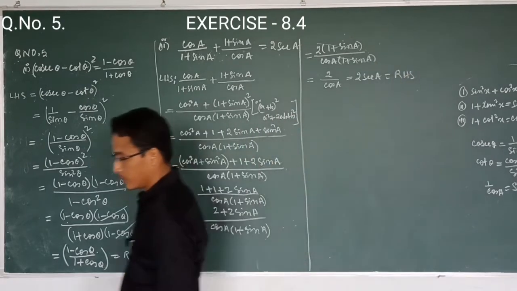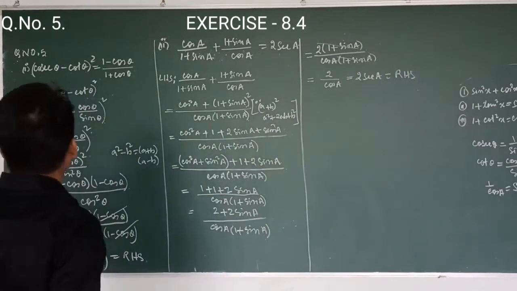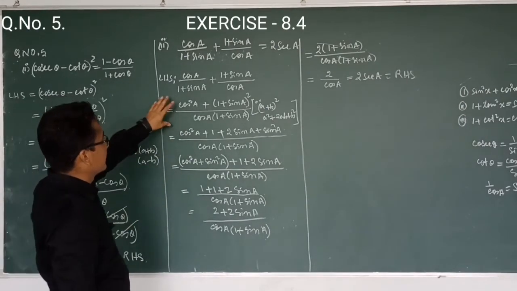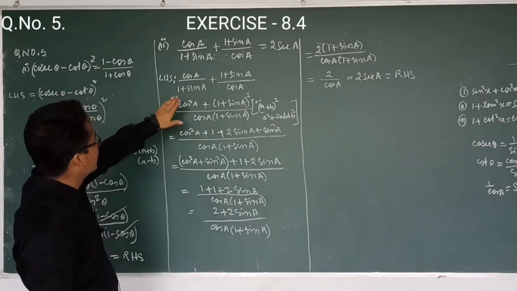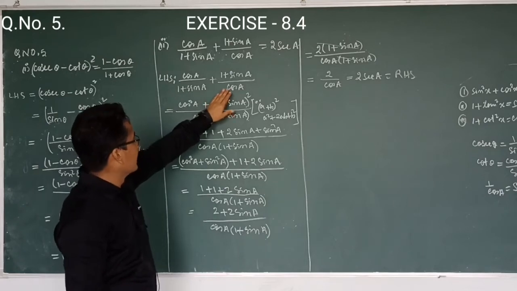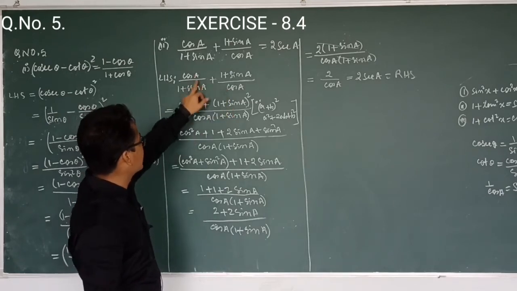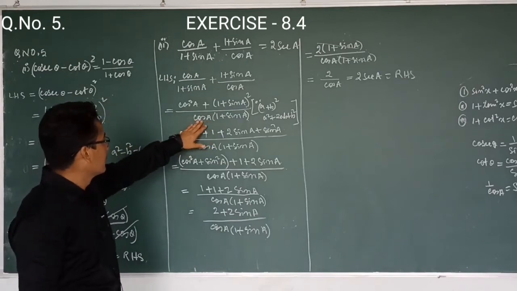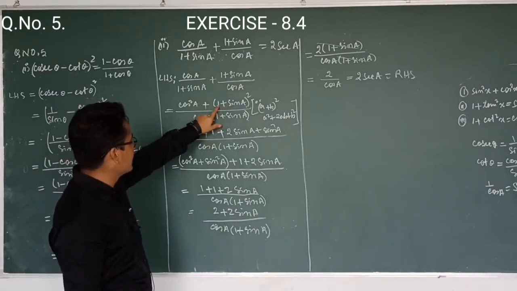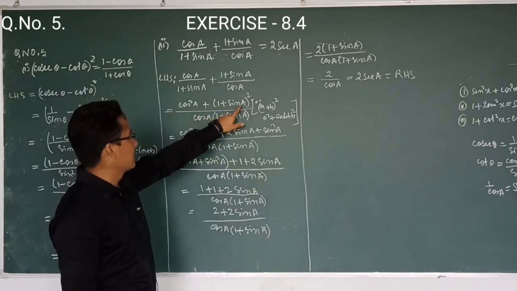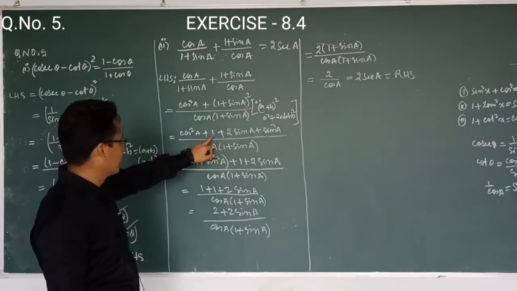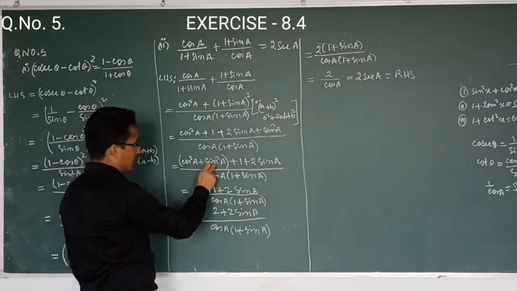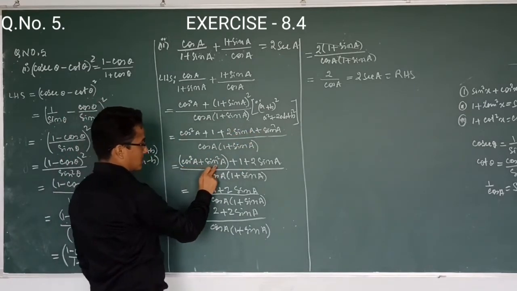So this is question number 5, Roman number 2. Once again I explain. We take the left hand side and simplify. I multiply this here, which means taking LCM. After taking LCM, I expand this (1 plus sin A) whole square, then I will get it this way. Then I take this and this, because we know that cos square A plus sin square A equals 1.